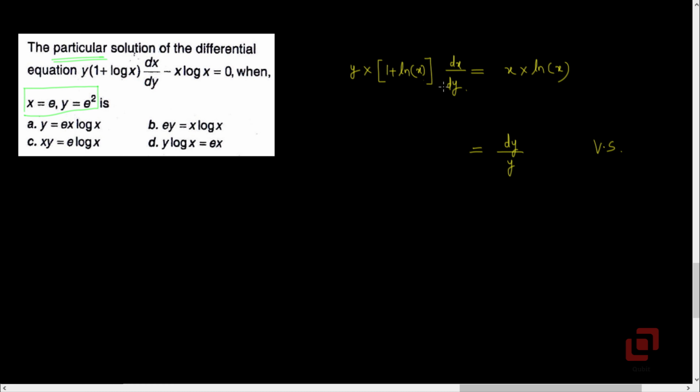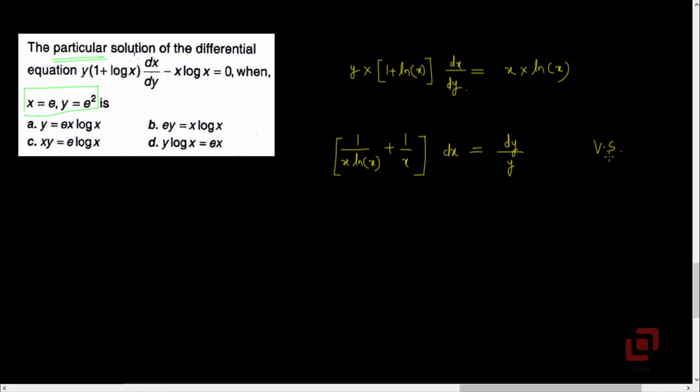So let's do that. Dy upon y will go to the right hand side. X into log of x will now come to the left hand side. So the first term is going to be 1 upon x into log of x, and the second term is going to be simply 1 upon x, because we already have log of x here. It will cancel the log of x here.